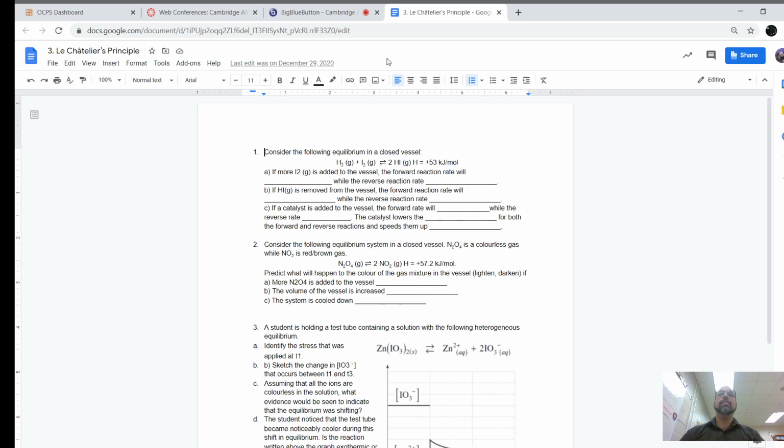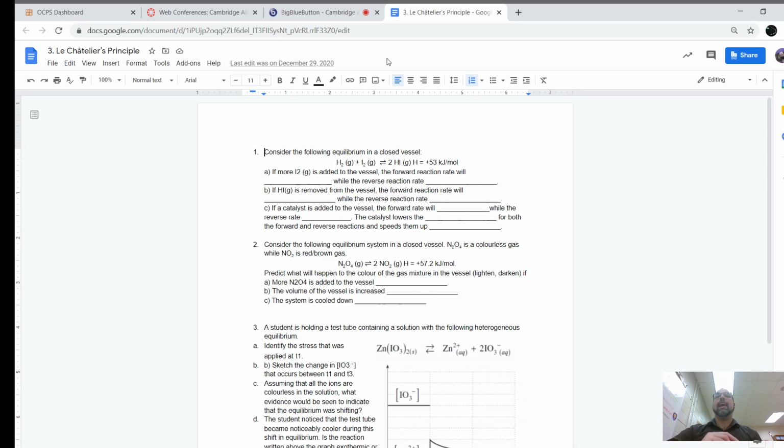Okay. B, if HI gas is removed from the vessel, the forward reaction will, well, if we're removing something, then the other side is going to increase. So in this case, the forward reaction is going to increase, while the reverse reaction is going to decrease. Okay.